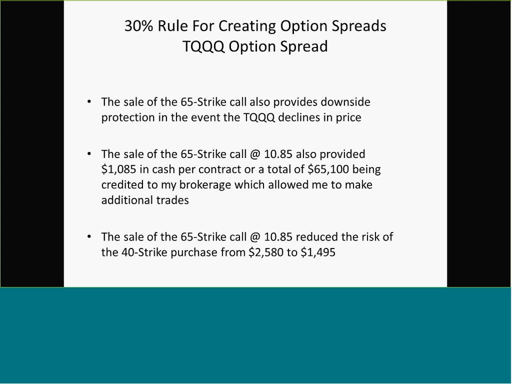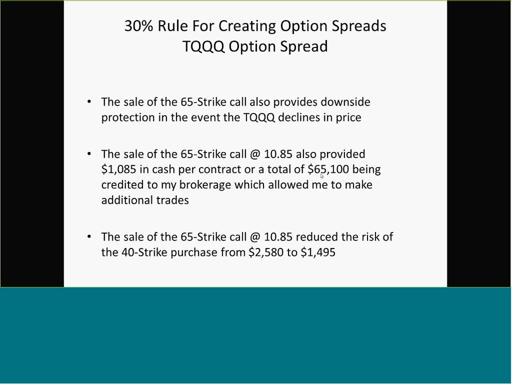And when I sold that call for 10.85, I collected $1,085 in cash for each contract that I owned, for a total, in this example, of $65,100. That $65,100 was credited to my brokerage account immediately.